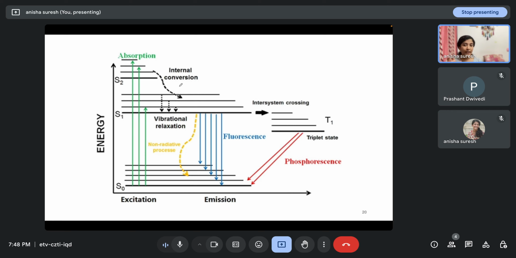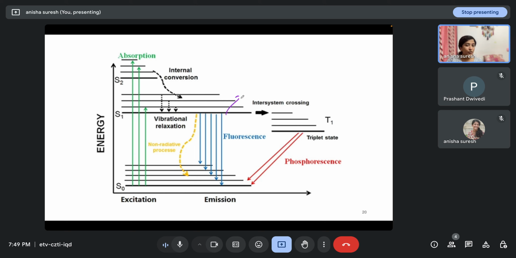If it is coming that way, that is known as internal conversion between different vibrational levels of the same electronic state. If it is relaxing by a non-radiative pathway, that is known as vibrational relaxation. Then from the zeroth vibrational level of the S1 state, when it is coming to the S0 electronic state, that is known as fluorescence, and this is a radiative process. So this fluorescence will be taking place from the zeroth level of the S1 state.